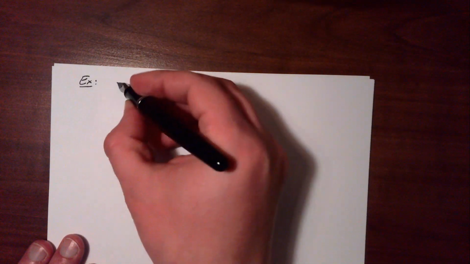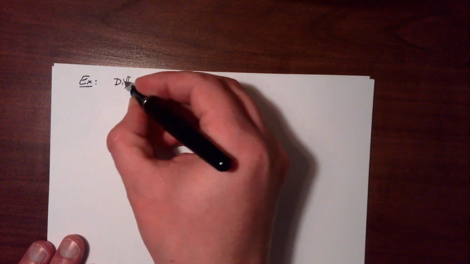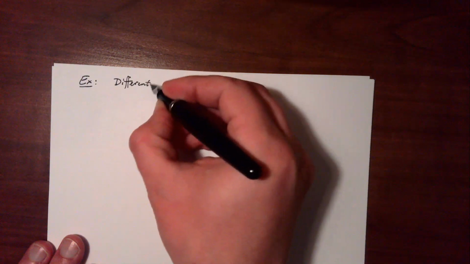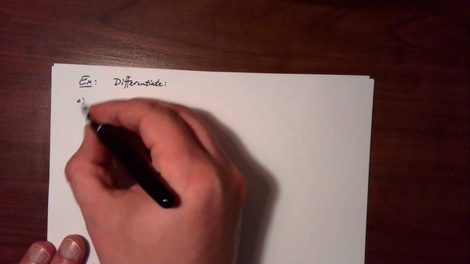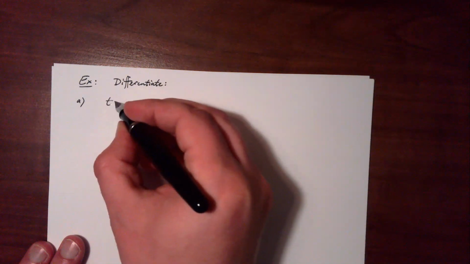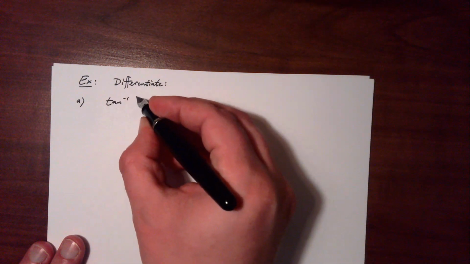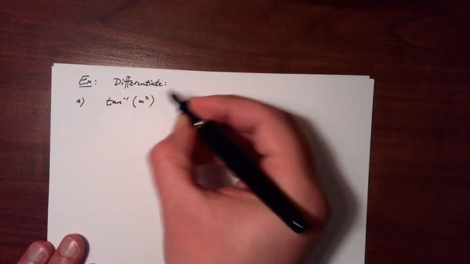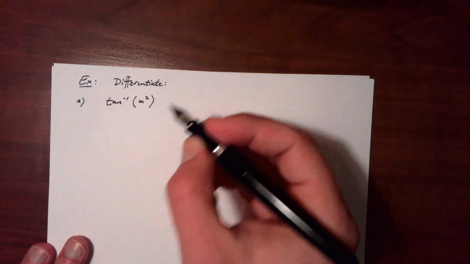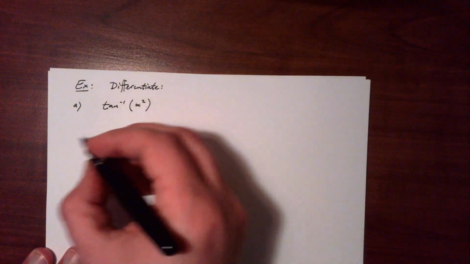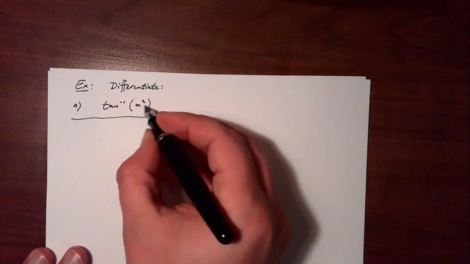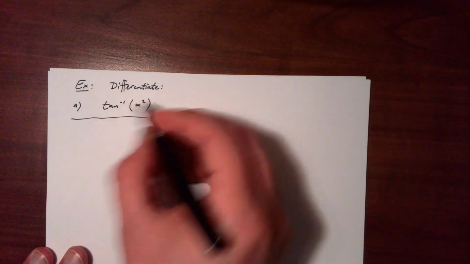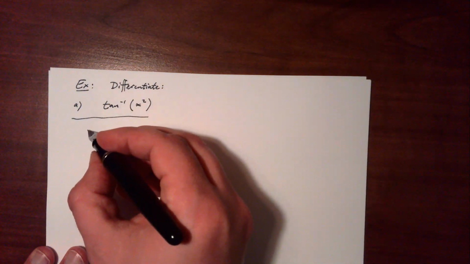So as an example, let's say I wanted to differentiate the following. Let's say differentiate a tangent inverse of x squared. Well, I now actually have a formula for the tangent inverse, so I can just go ahead and use that, and here we'll have a chain rule action because we've got a chain of pieces. So let's just see how this plays out.